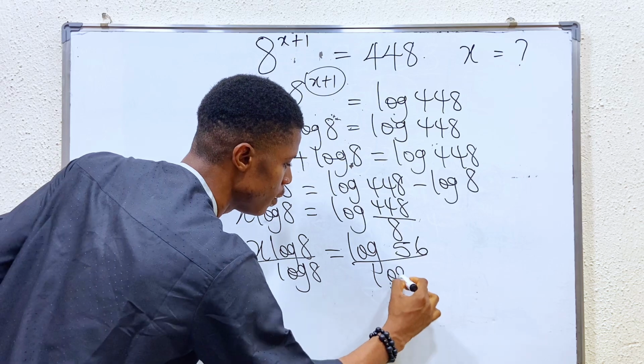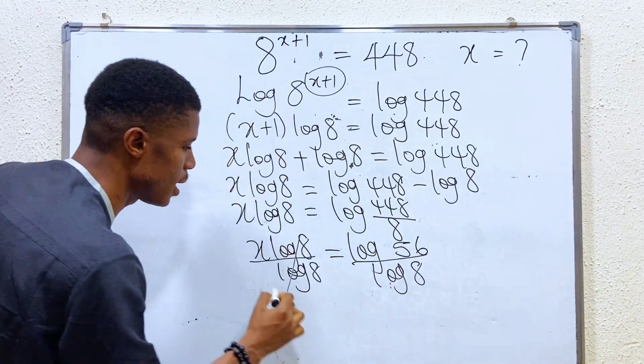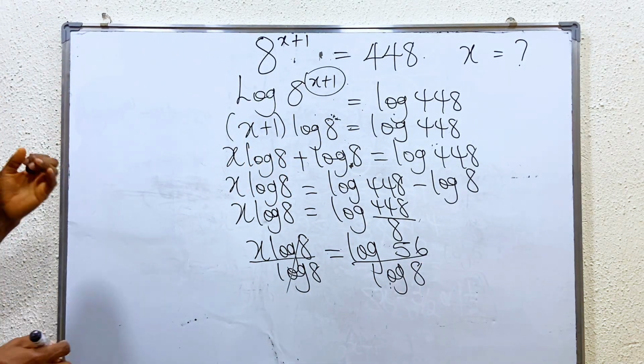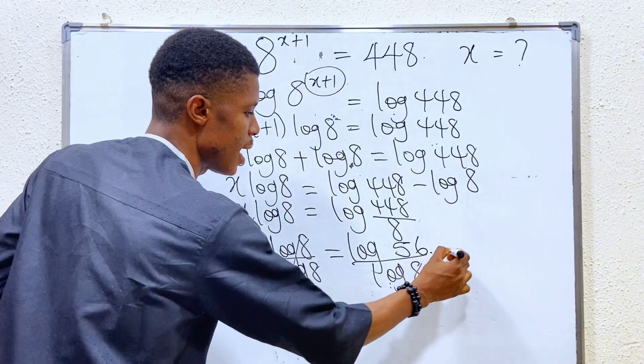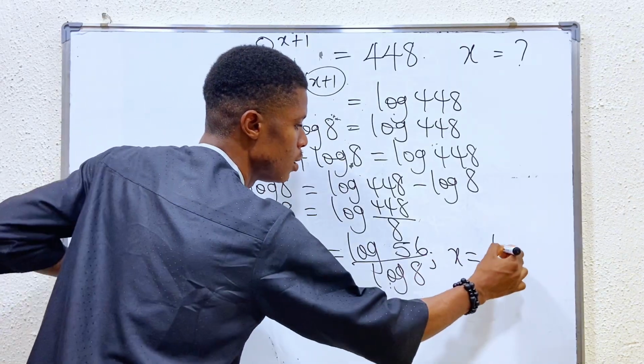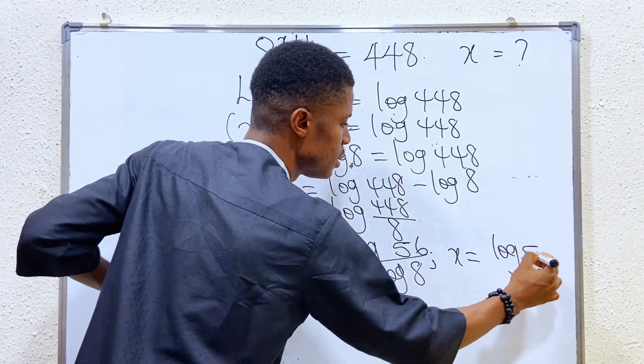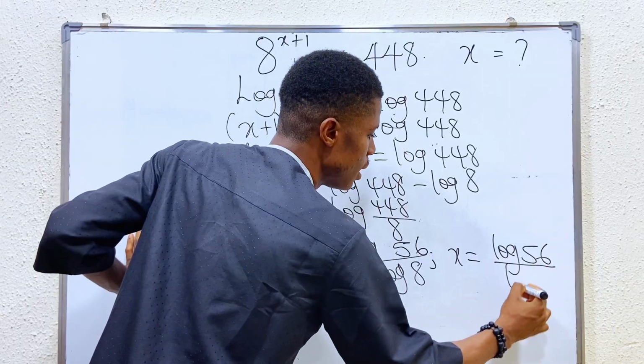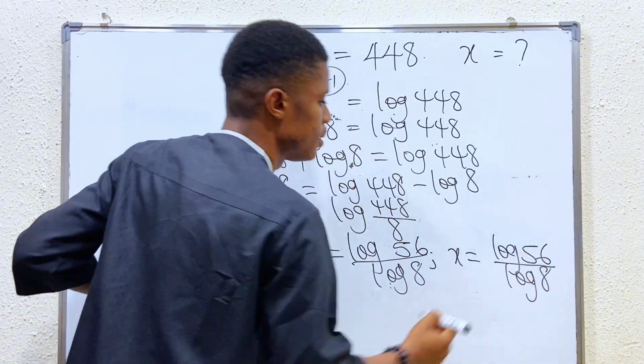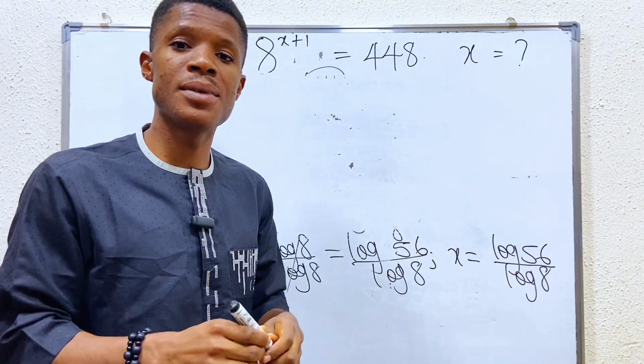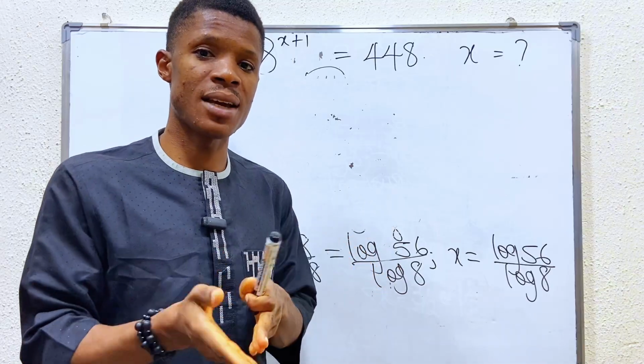Then the next thing we do is that we divide by log 8, and we also have to divide this side by log 8. So that log 8 will actually cancel, so that you see x is equal to log of 56 divided by log 8. 56 can be seen as 8 times 7, right?